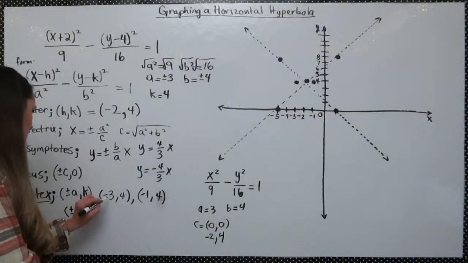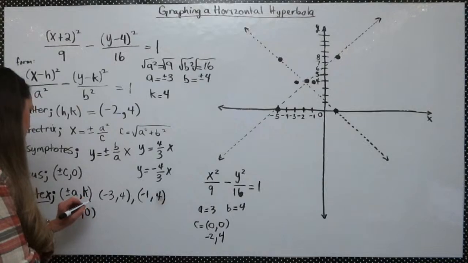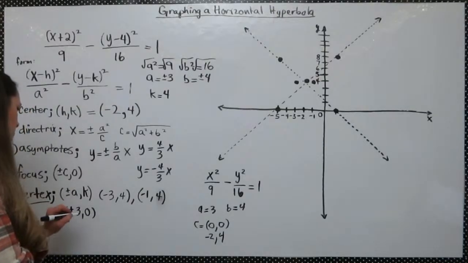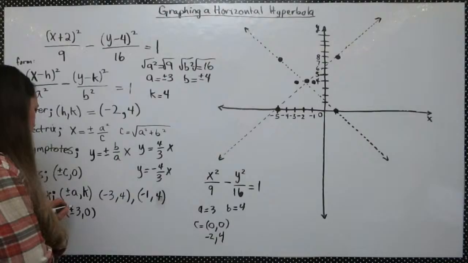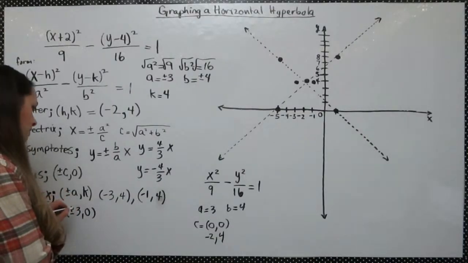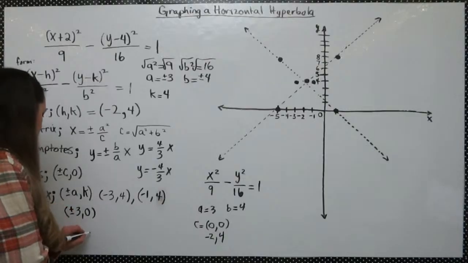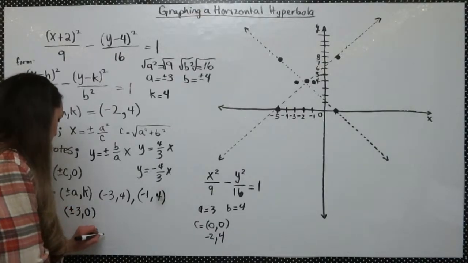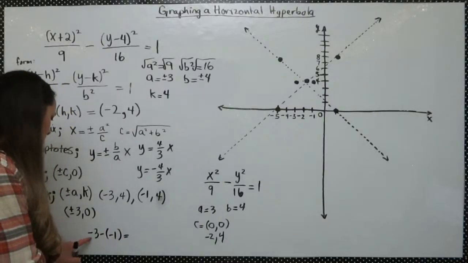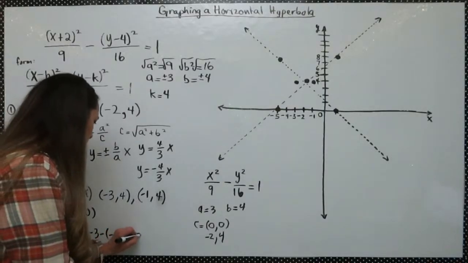So it would be 3, 0 minus, negative 3 minus 1 would be negative 2. So let me try that. Negative 3 minus a minus 1. That's negative 3 plus 1, which is negative 2.